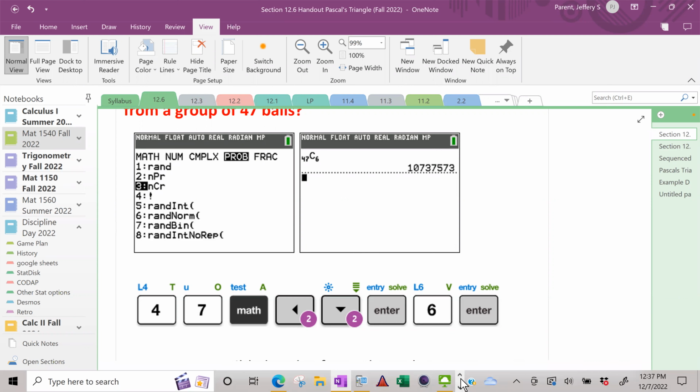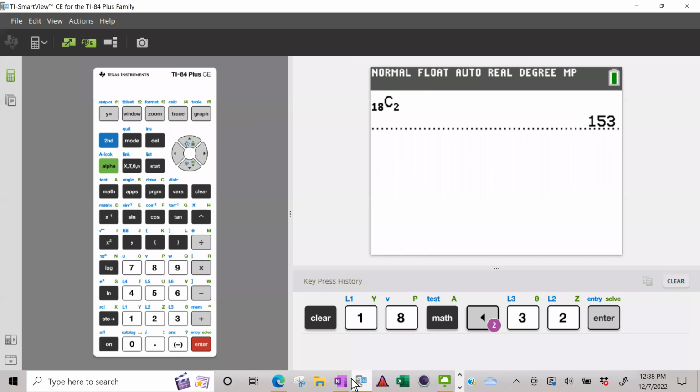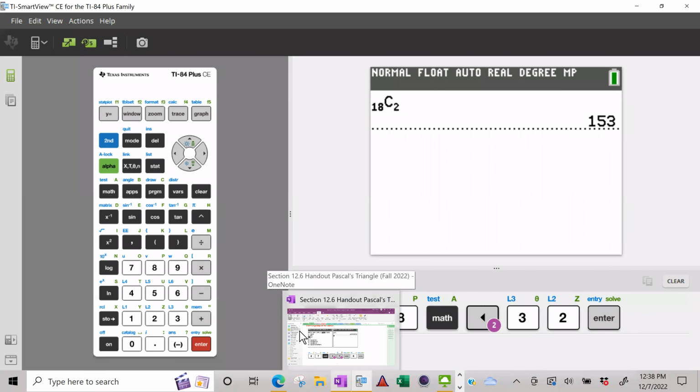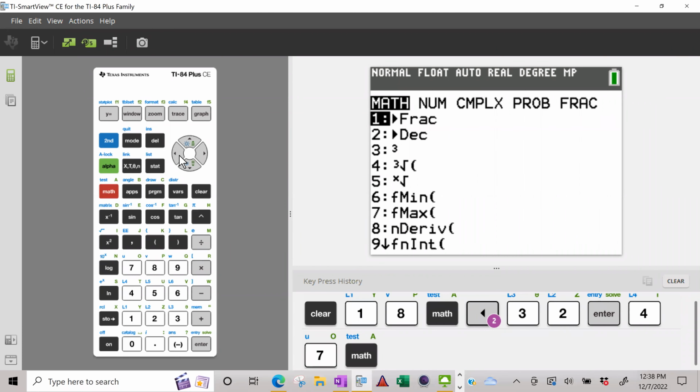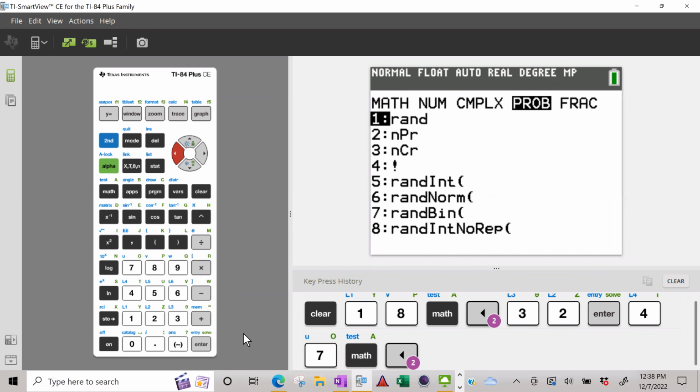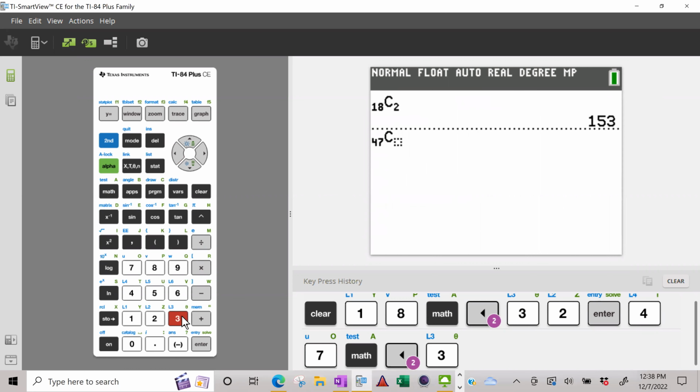So let's see what we get. I think we get about 10.7 million different possible winning lottery tickets. So 47, math key, or to the left to get the probability menu. And then I'm just going to type the number 3 to get to the number of combinations.